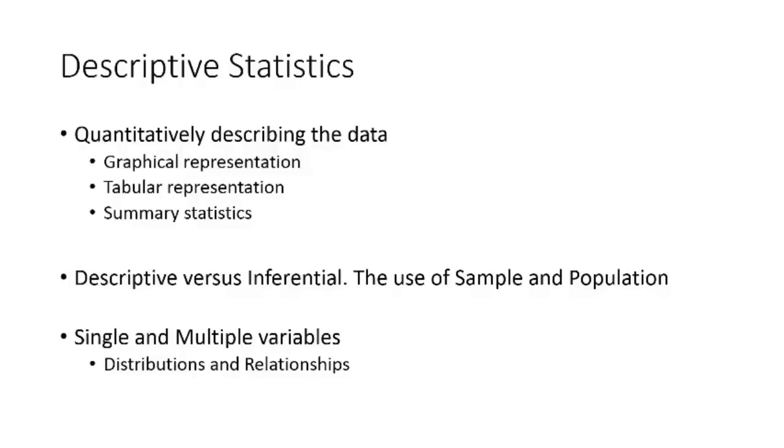Descriptive statistics do not, however, allow us to make conclusions beyond the data we have. So you can't look at the data, do something with the data, and based off of that make a generalization about potentially the source that the data came from. You would need inferential statistics for that.